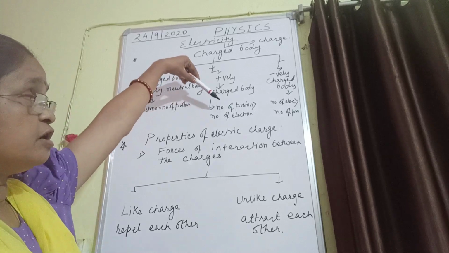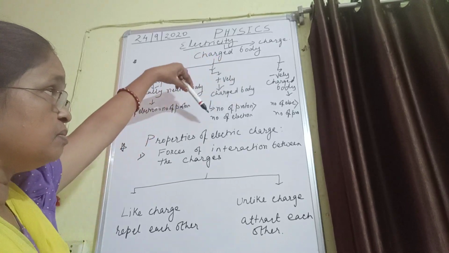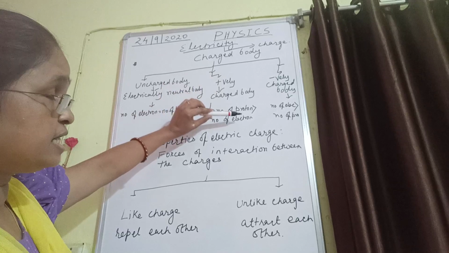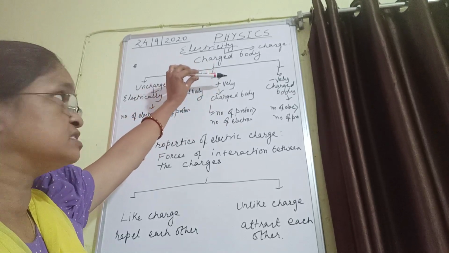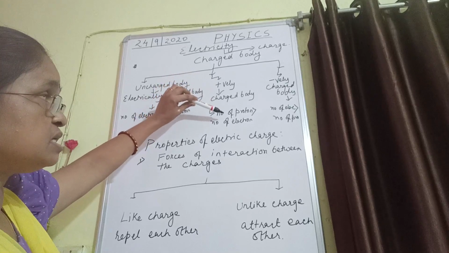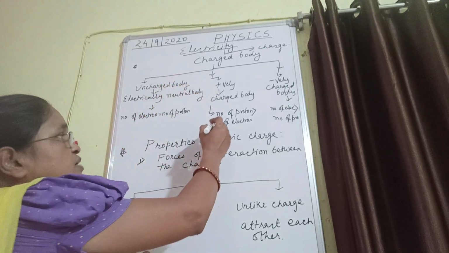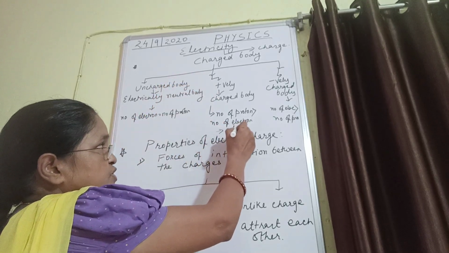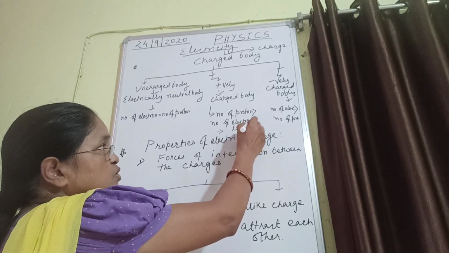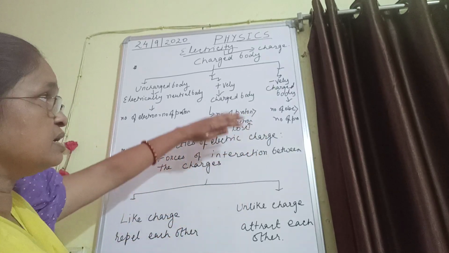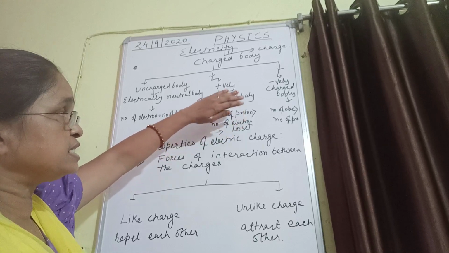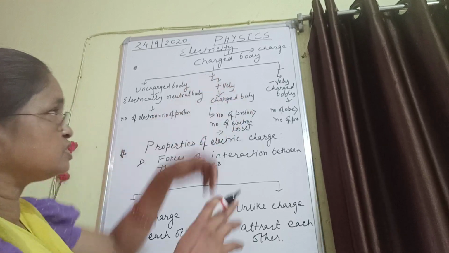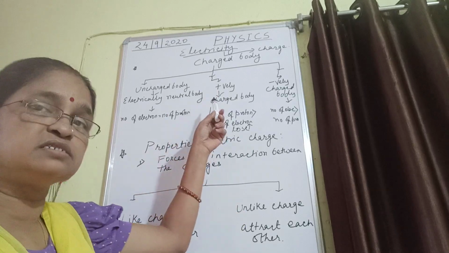When the number of protons is greater than the number of electrons, that type of charged body is known as a positively charged body. So here you will see that when any object loses electrons, then the number of protons will be greater than the number of electrons, and that type of charged body is known as a positively charged body.